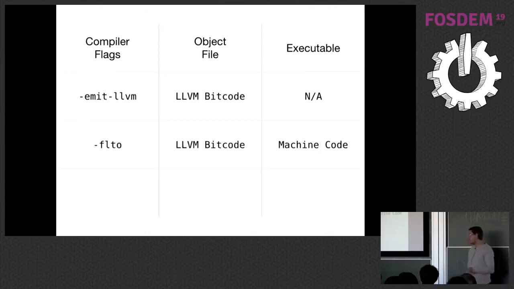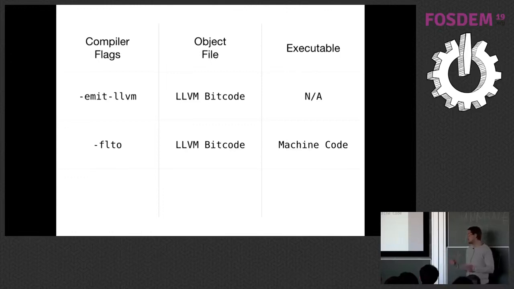Another one is LTO: with -flto, you still get object files, but they do not contain machine code, they rather contain LLVM bitcode. And at the end, you have a normal executable.